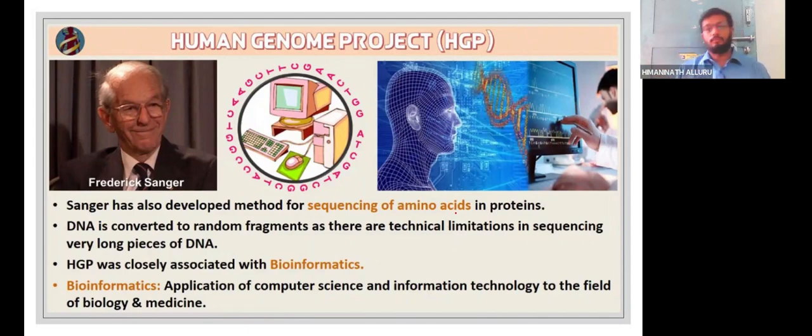Or we want to know how much similarity there is between human and chimpanzee. For that also we can retrieve the data very easily by putting the chimpanzee genome and human genome together and comparing them in the computer. We will be able to say which genes are 100% similar and which genes are different.